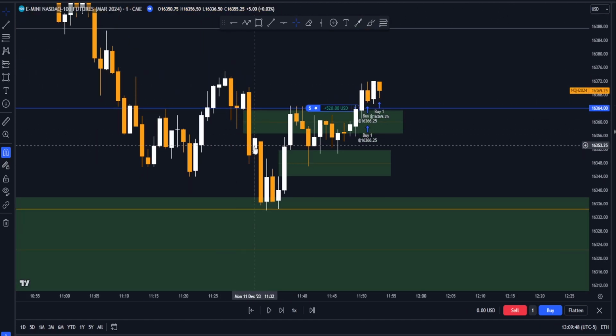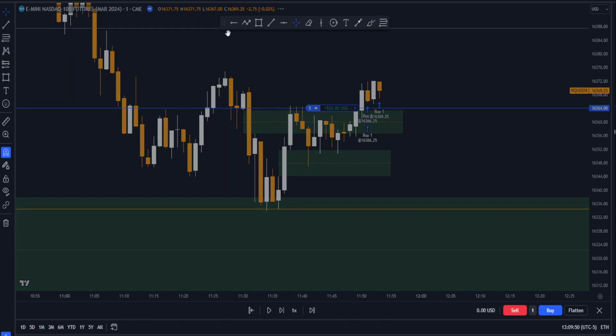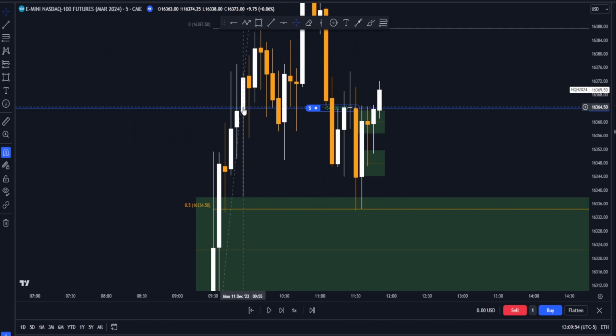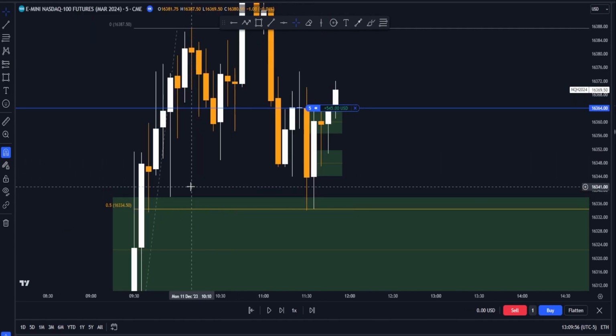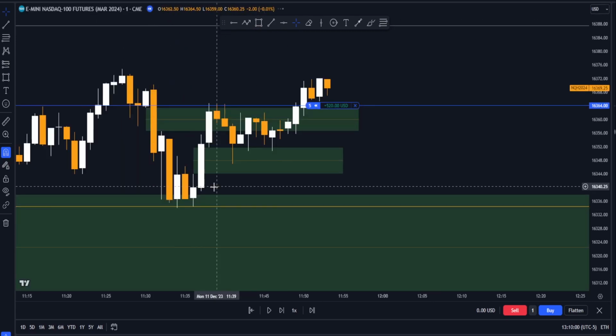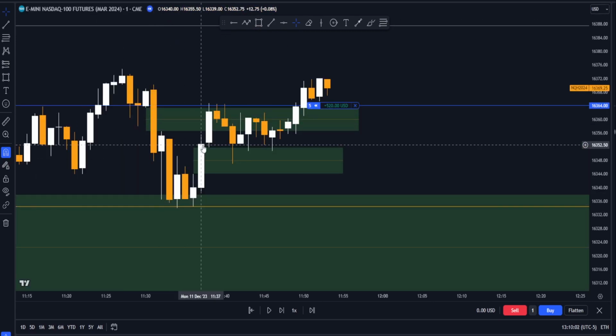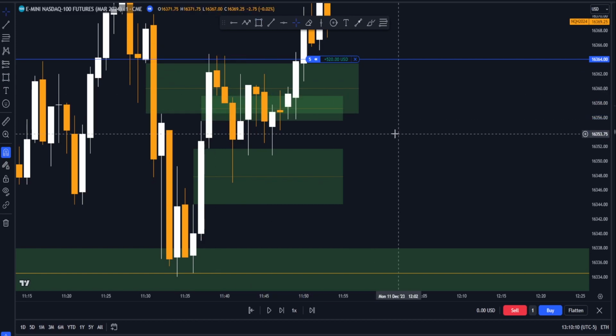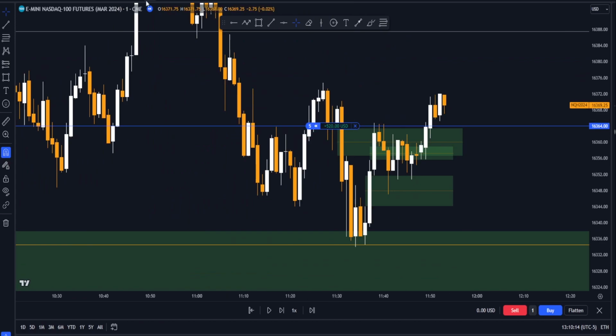First, the 15-minute candle went into this 15-minute fair value gap. We took out liquidity on the 5-minute chart. Then we go to the 1-minute. We went up, left the fair value gap, entered on this fair value gap, entered on this fair value gap, and entered on this inversion once it's made.